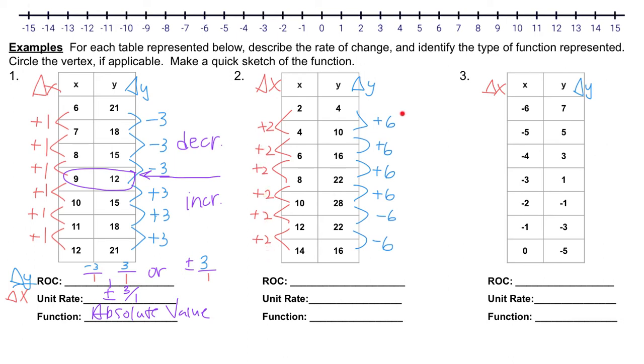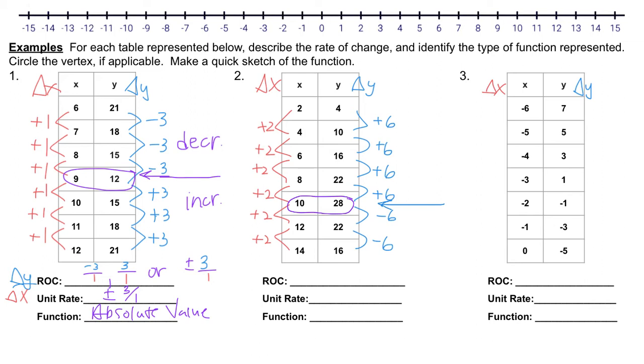The change in y starts off increasing by 6 and then decreasing by 6, which does show us that this is an absolute value because you have two distinct sections. Remember, we want to split that up. Wherever you see the change from increasing to decreasing, that points to our vertex, our turning point.